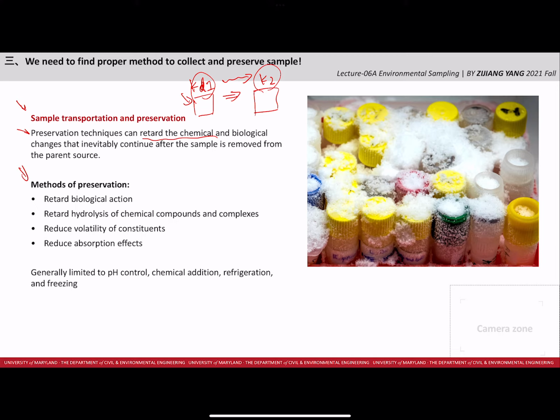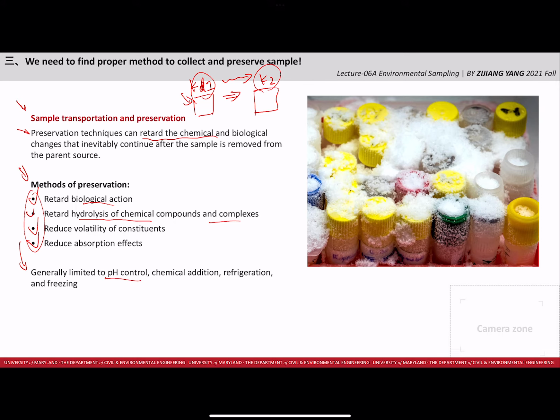And here are some methods of preservation. We can retard the biological action and retard the hydrolysis of chemical compounds and complexes. We can reduce the volatility of the constituents and reduce the absorption effect. These are our goals, and we have some exact methods.